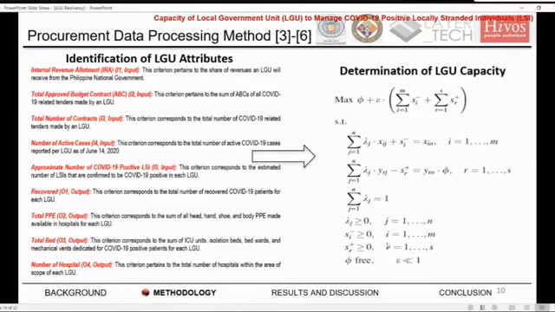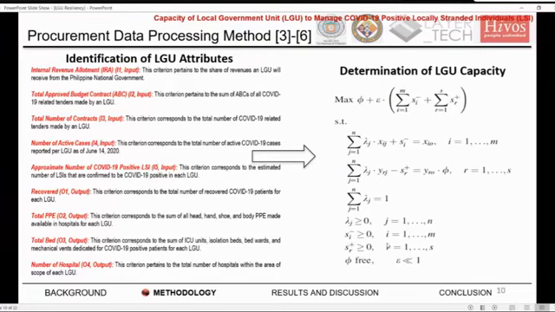For the processing method, based on the data we collected, we identified the LGU attributes for each LGU in Region 5: the ERA, the total ABC or approved budget for the contracts of COVID-19 related tenders, the total number of contracts, the number of active cases, the approximate number of COVID-19 positive LSIs, the recovered patients, the total PPEs, the total beds, and the number of hospitals.